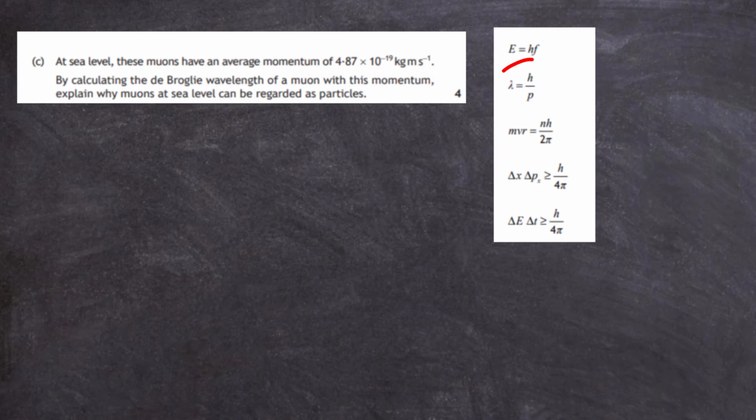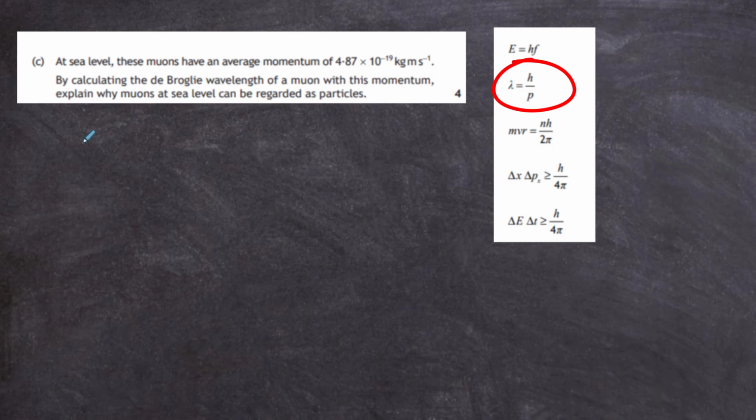You can see the second equation down is the formula for de Broglie's wave: lambda equals h divided by p, where h is Planck's constant and p is the momentum. So let's calculate the de Broglie wavelength for these muons.